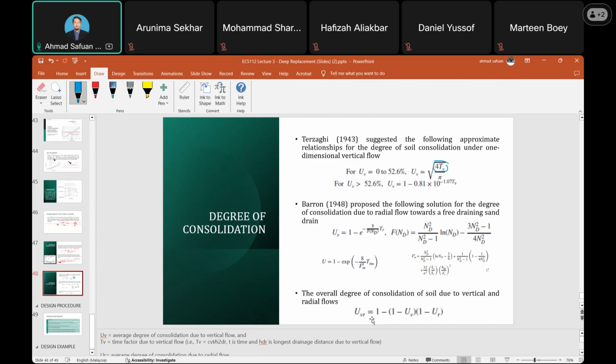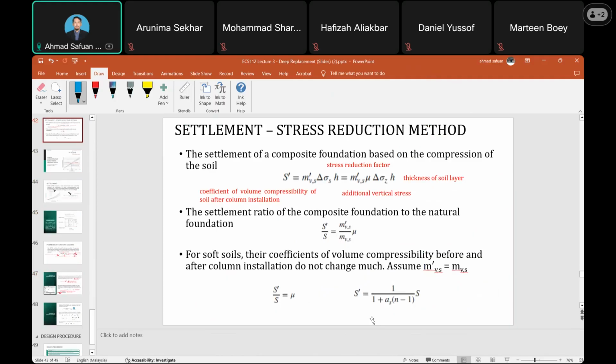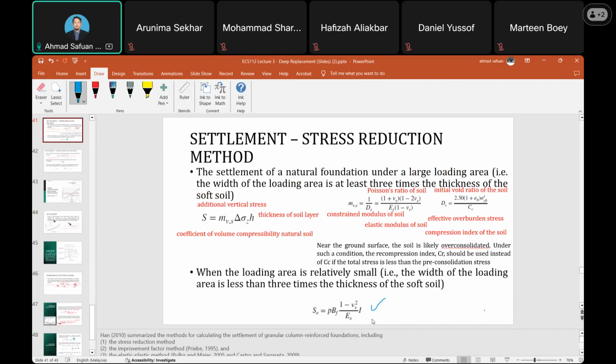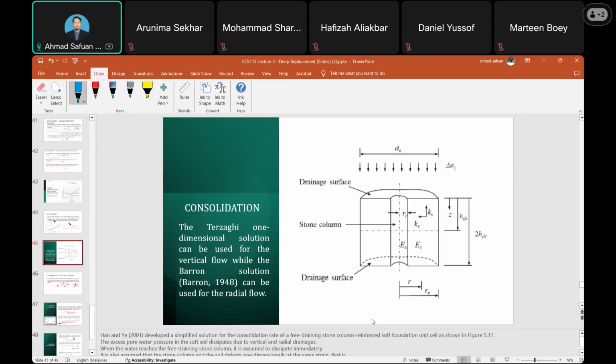Once we obtain the UVR, we multiply it with the S, the settlement that we obtain from the soil.